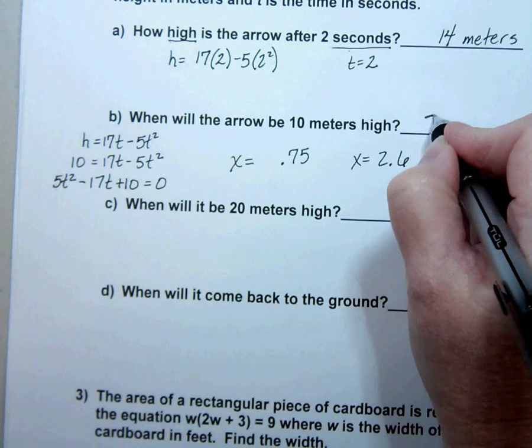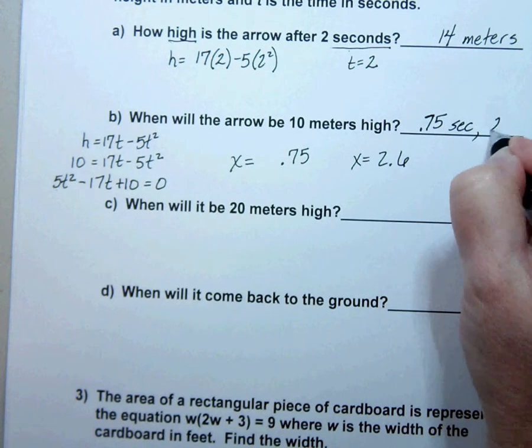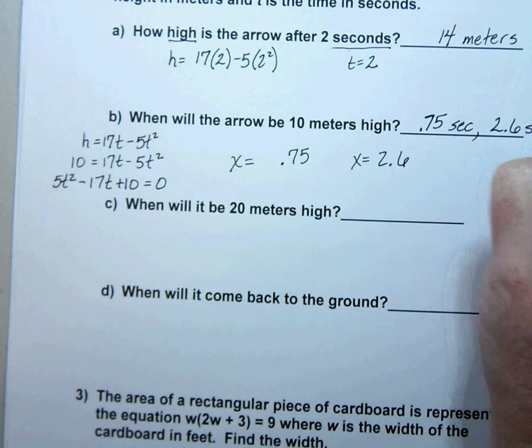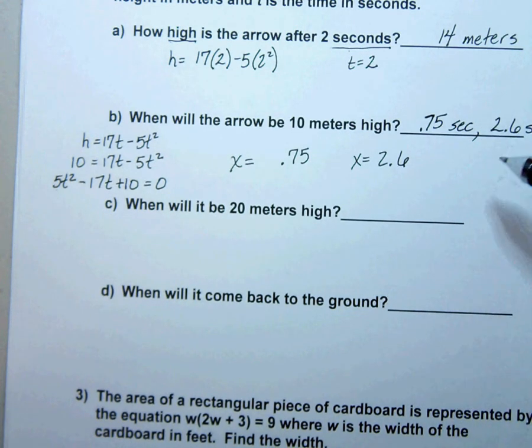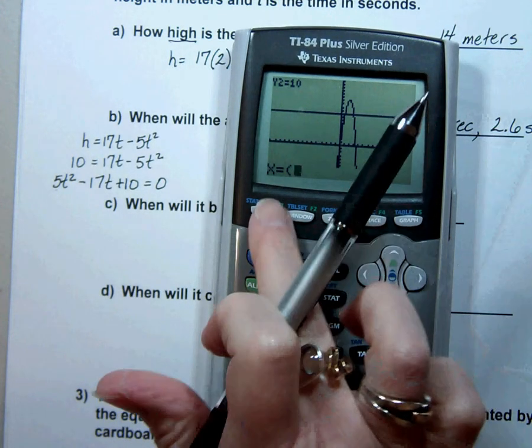About 0.75 seconds, and again at 2.6 seconds. So you got to think about the arrow going up and then coming back down. So there are 2 times that it's going to be 10 meters high, and that's shown on this graph. Let me review for a second.